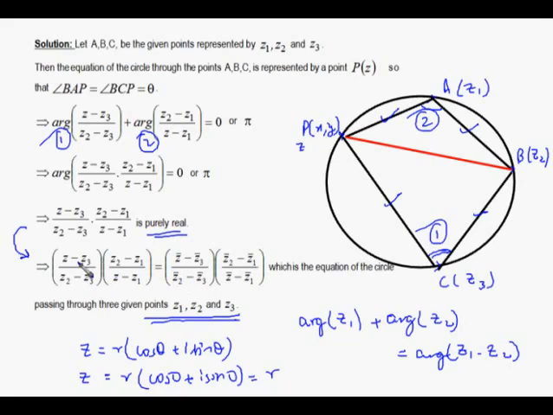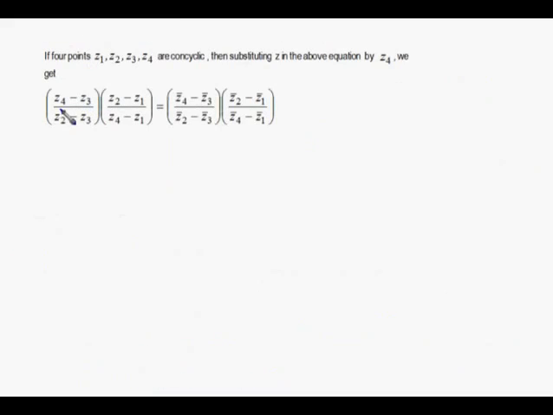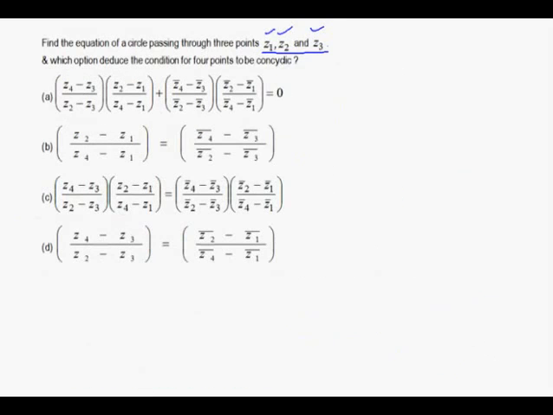So this is the required answer. And for the second part, where a fourth point satisfies this equation, in place of z, I put z4, and in place of z conjugate, I put z4 conjugate, and this would be the required condition. Hence the correct answer, as you can see, is part A.